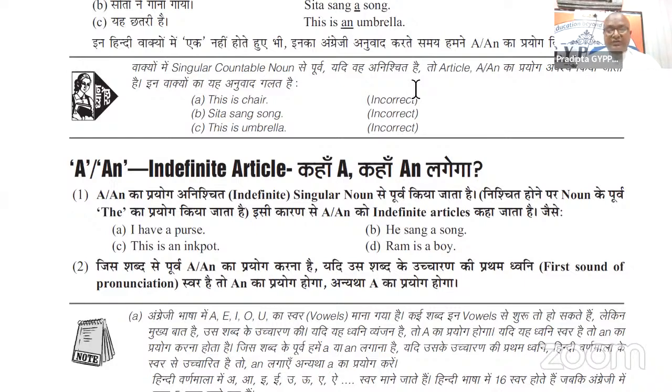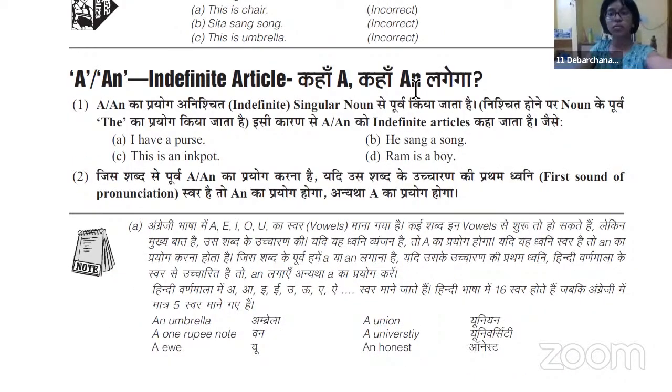And you already know that when the vowels A, E, I, O, U come in the front of the word, generally, I repeat, generally it demands an, correct? But actually, the rule is that you need to look at the sound created in the beginning.